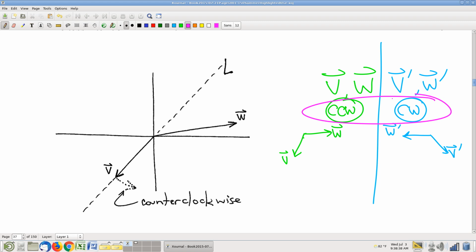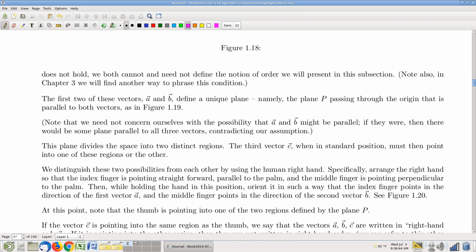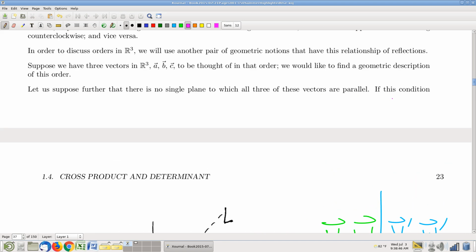Okay, so let's move on to the next question, which is, what if I have three vectors? Where did I write this down? Back up here. Suppose I have three vectors, but now in three space, right? So 1, 2, 3, something like that. So they're in space now. They're not just in the plane. Is there a version of this sort of thing?